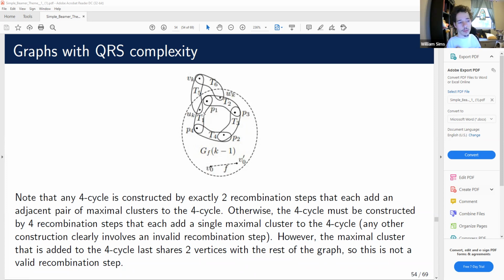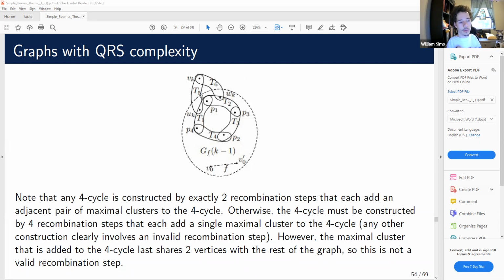So why don't we have to consider the other cases? Well, if you add it all at once, that's not a valid recombination step, just by the definition of tree decomposability. And if you add 3 at once, that's not a valid recombination step. So it could be the case that maybe all our recombination steps are like T2 and some other cluster outside of the 4 cycle, T3 and then some other cluster outside of the 4 cycle. That's the only case that we're considering, that we continue doing that kind of recombination.